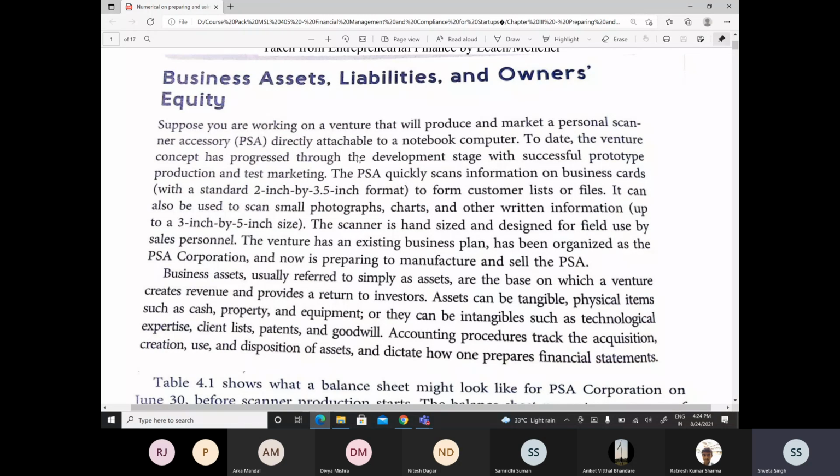So what you have done so far is you have already developed the handheld scanner, made a prototype, and test marketed it. The PSA quickly scans information on business cards with a standard 2-inch by 3.5-inch format to form customer lists or files. So basically you can use this to scan business cards and keep that information in a customer list or file.